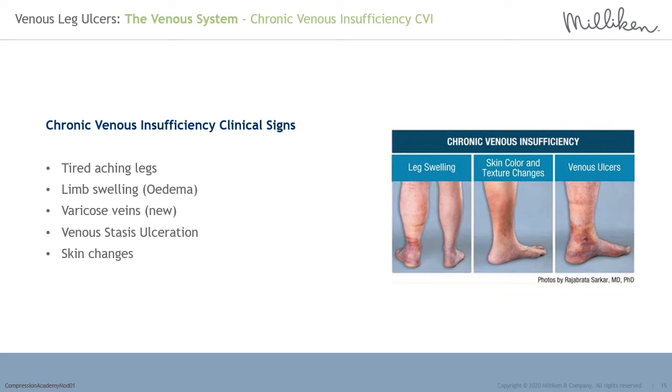Newly developed varicose veins are an indication that the veins are under high pressure and the vessel walls have become weakened and are ballooning from the pressure. Left untreated, eventually edema will lead to tissue and skin breakdown, known as venous stasis ulceration.